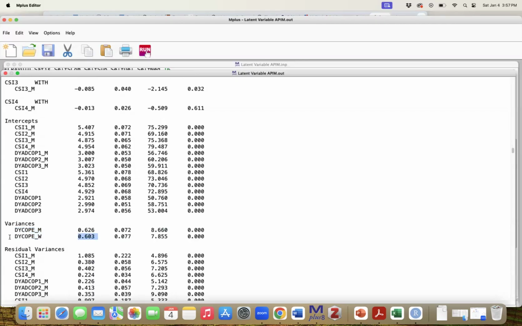You're going to be dividing by the square root of this and the square root of this. And that might potentially bias your test statistics, your regression coefficients. So technically, you should use the unstandardized results.